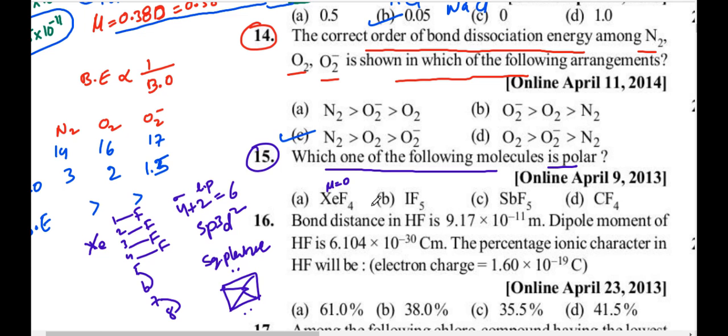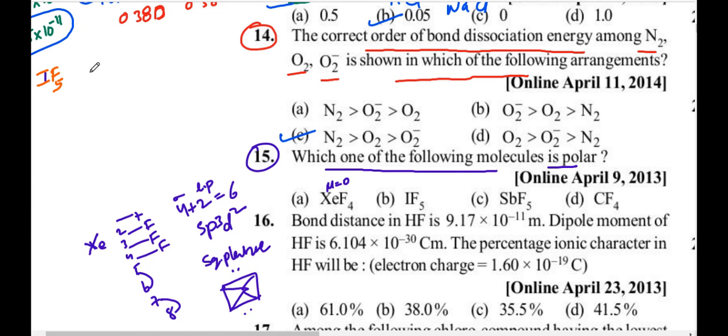IF5, iodine means 7 valence electrons. 5 electrons are involved in the bonds, 1 is a lone pair, so 5 plus 1 is 6, that means sp3d2.